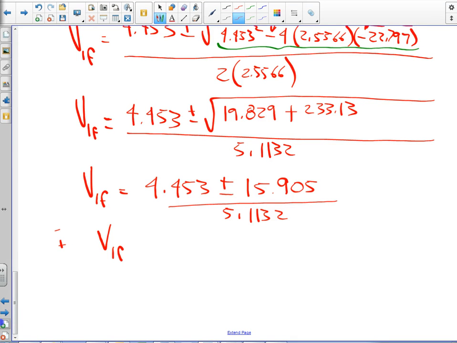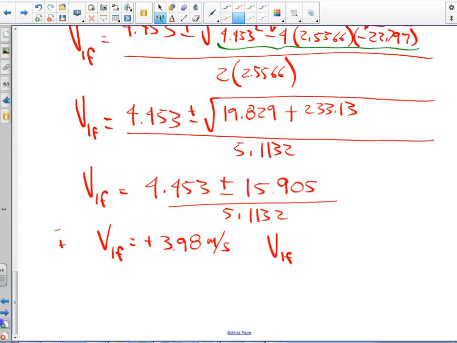V1 final could be positive. To get a positive answer, I do 15.905 plus 4.453, get an answer, then divide it by 5.1132. So one possibility is a positive velocity of 3.98. I'm not saying one of these might not make sense. Or another possibility. Is this an initial velocity though?